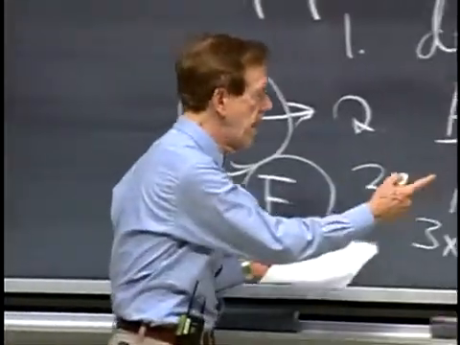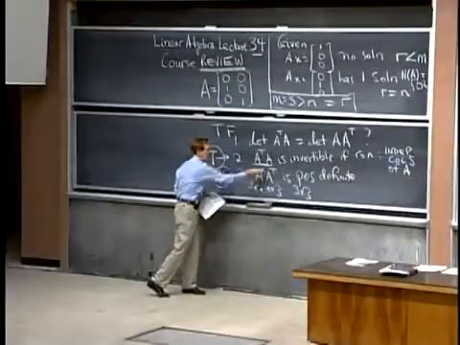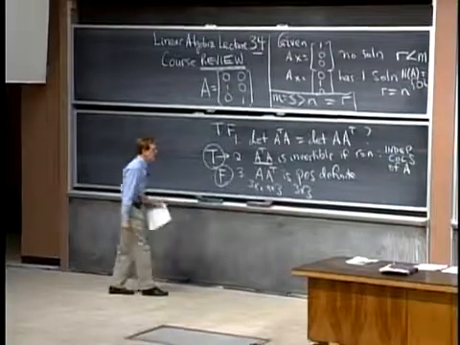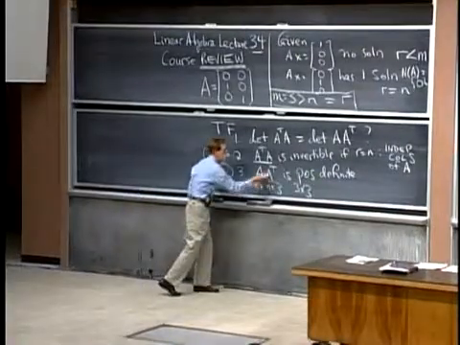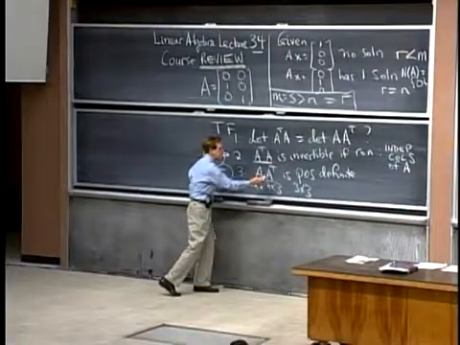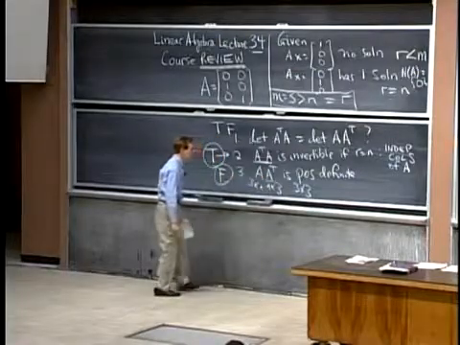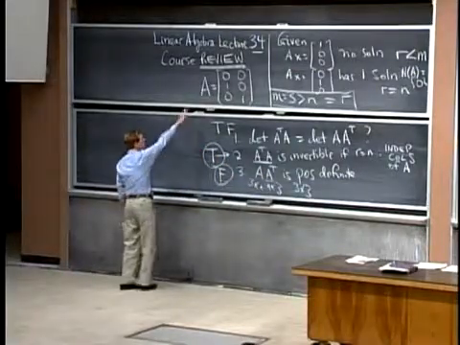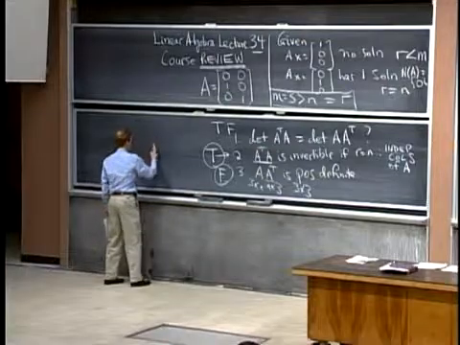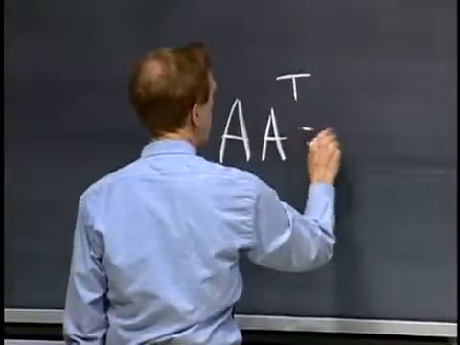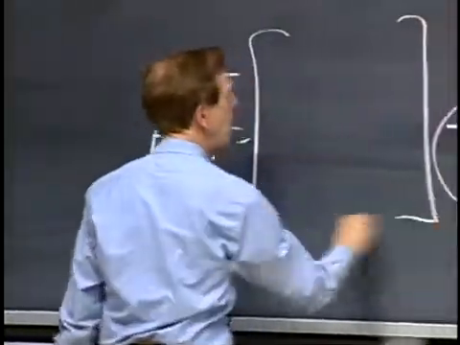But if I'm looking for positive definite, then I'm looking at the null space of whatever's here, and in this case, it's got a null space. So we just figure it out here. AA transpose for that matrix will be 3 by 3.